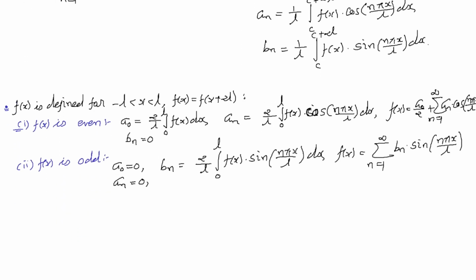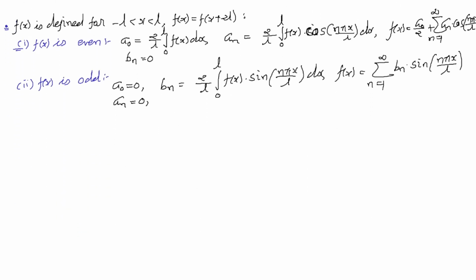Now, what about Fourier sine series and cosine series? F of x is defined for 0 less than x less than L. F of x is defined only on half interval, keep in mind.